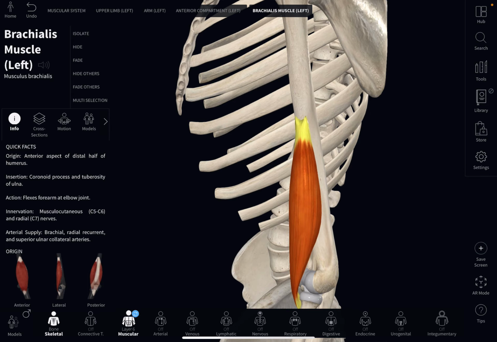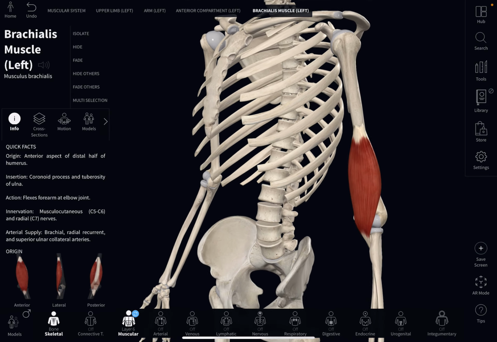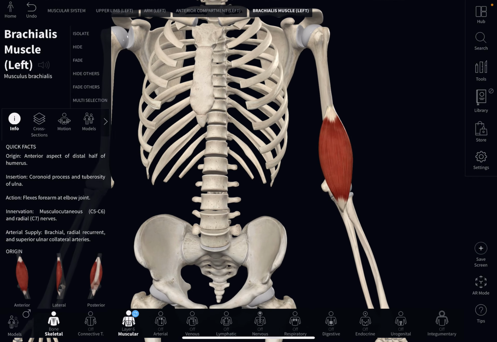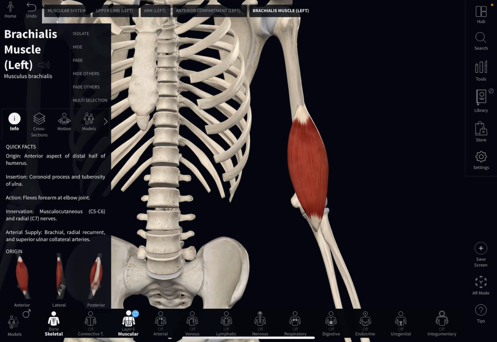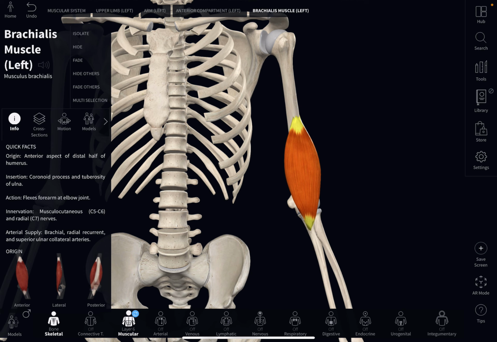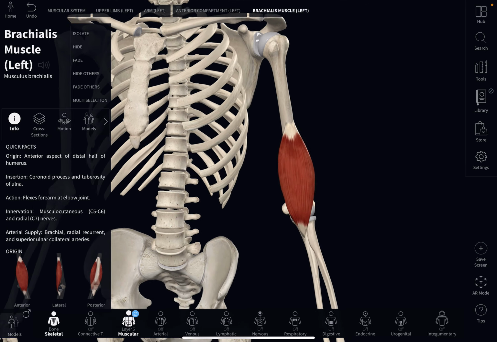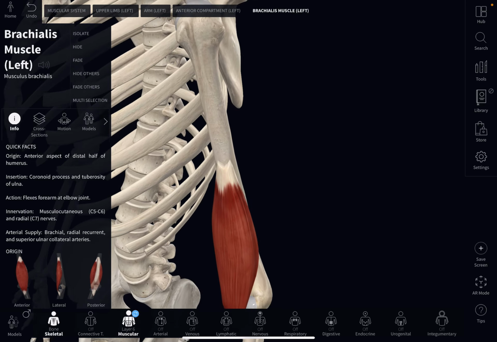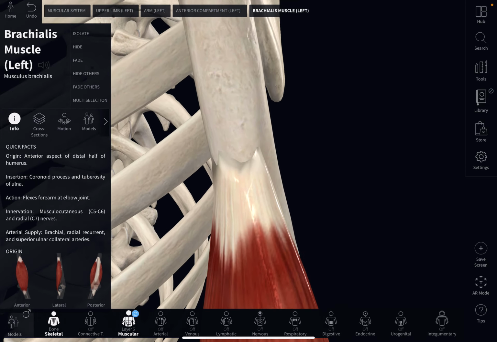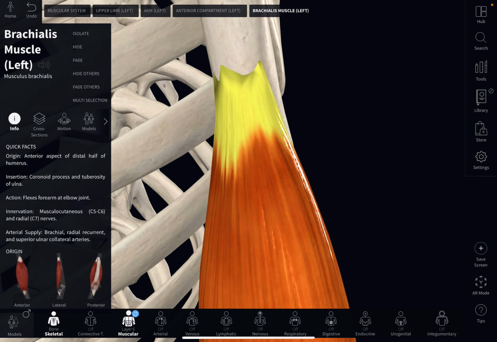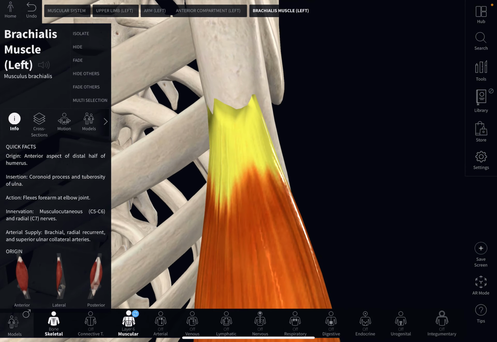Both the anteromedial and anterolateral surfaces are covered by the origin of the brachialis muscle. At the origin point, we can see that it embraces this V-shaped deltoid tuberosity. So the origin of the brachialis here is V-shaped, interrupted by the deltoid tuberosity.